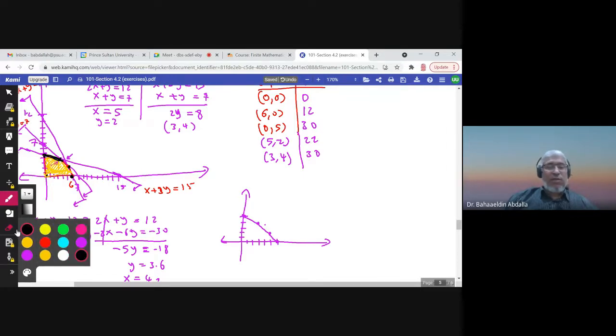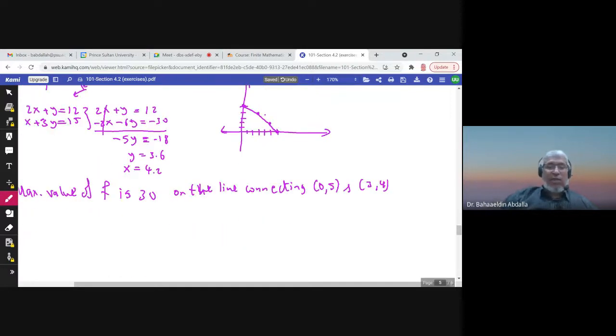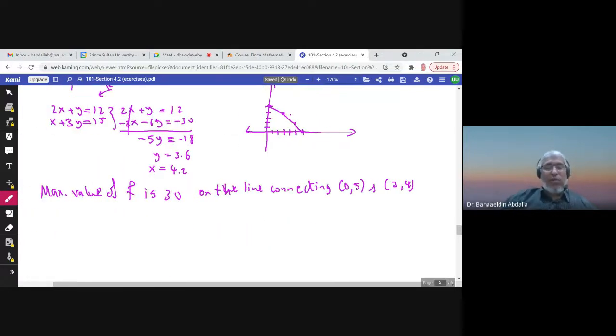This line, along this line, the function is maximized, and the minimum value of f is 0 at x equals 0 and y equals 0.